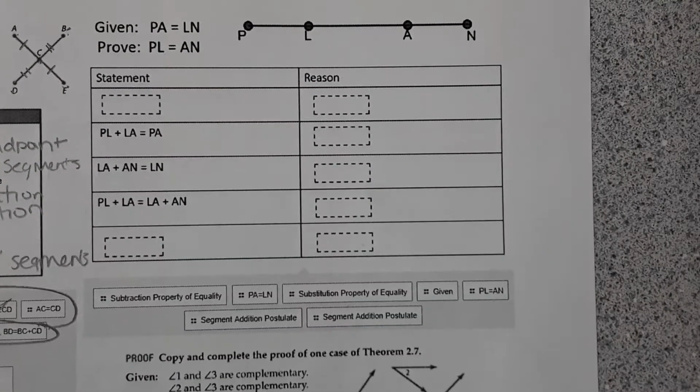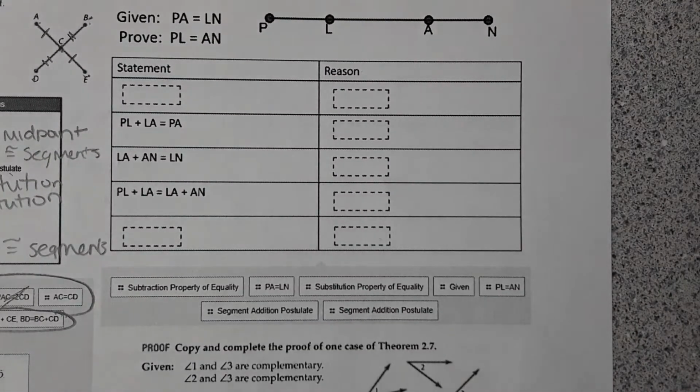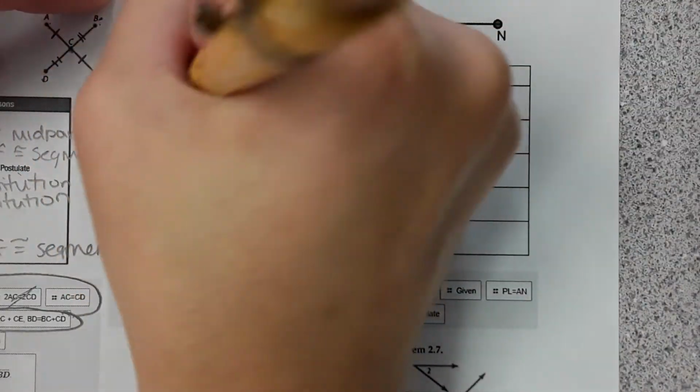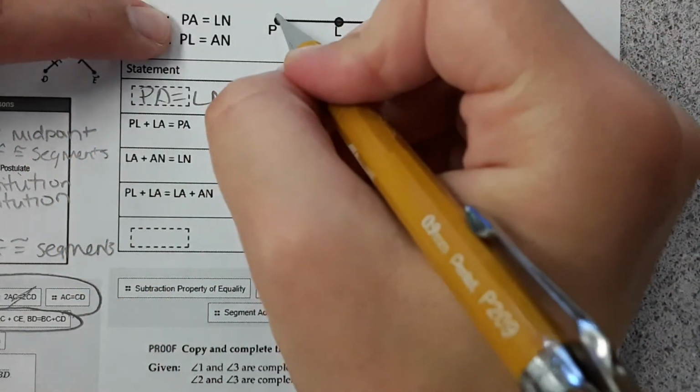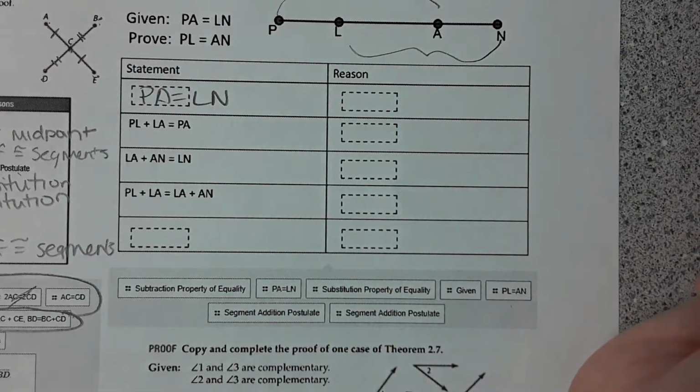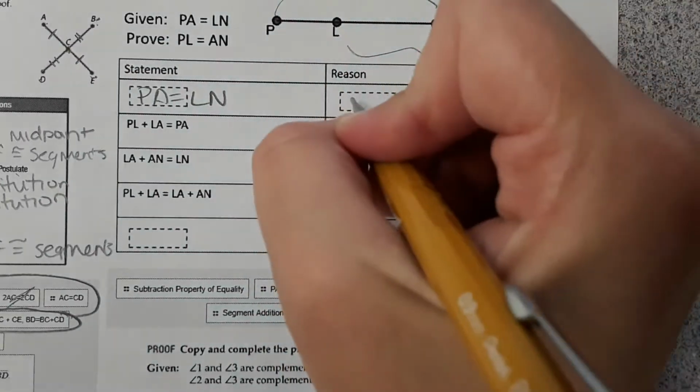Okay, given. This one's a little bit of an easier one, plus the words fit in the boxes a little bit better. Our given is just PA equals LN. And that's given.